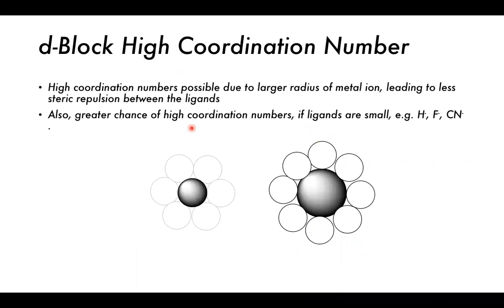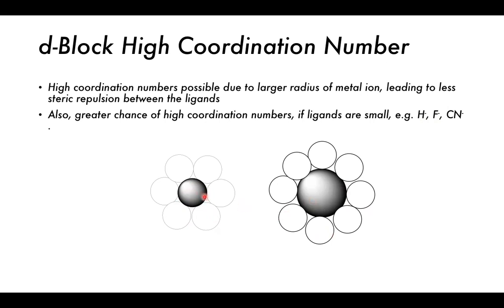So, D block high coordination numbers. High coordination numbers are possible due to the larger radius of the metal ion, leading to less steric repulsion between the ligands. There is also a greater chance of high coordination numbers if the ligands are small, such as hydride, fluoride, and cyanide. That's just what I mentioned a moment ago. If we have small ligands, they easily fit around. Small ions don't leave a lot of space for other things to fit around them, whereas large ions leave a lot of space.